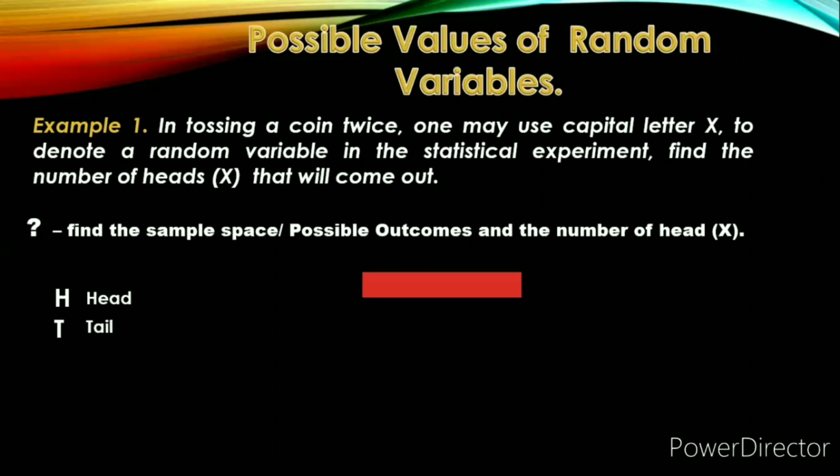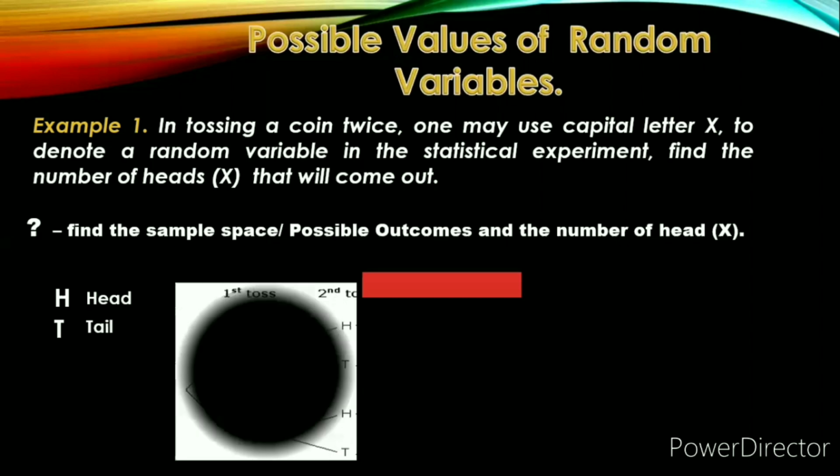So, dalawang faces yung coin. Hari o patay. Okay, when we talk about hari, that is in English, tatawagin natin ito sa head, and patay is the tail. So, head and tail. How are we going to find the sample space in tossing a coin twice? Paano?